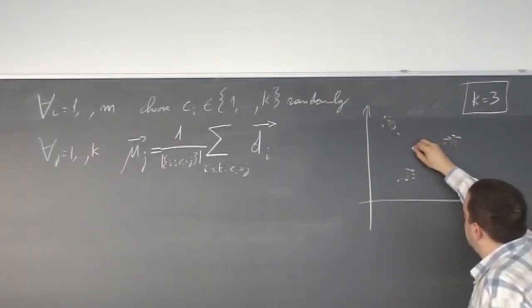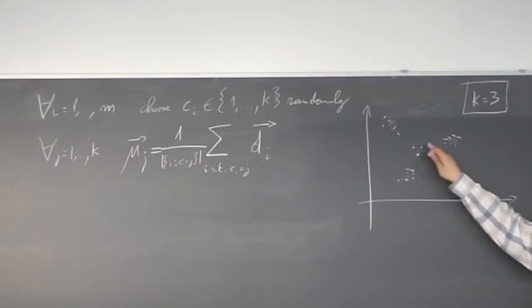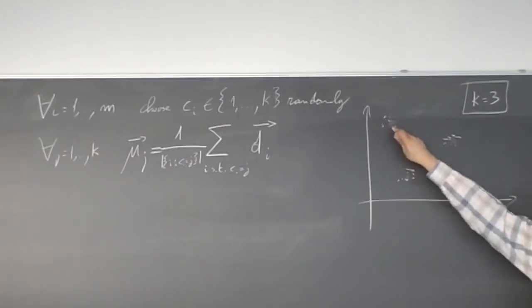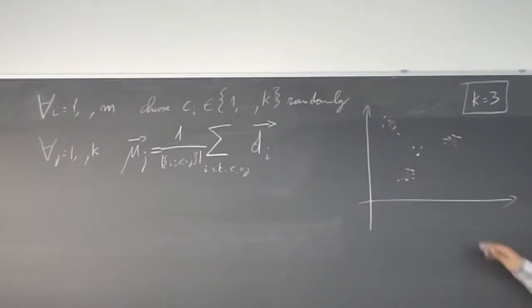So actual mu1, mu2, and mu3 will probably be here in the center, because they will be the average of points in here and points in here.